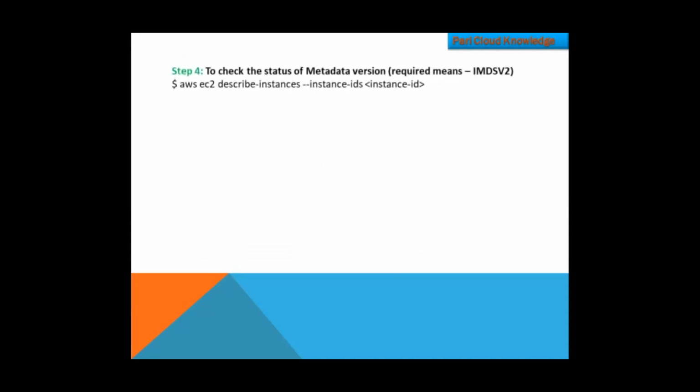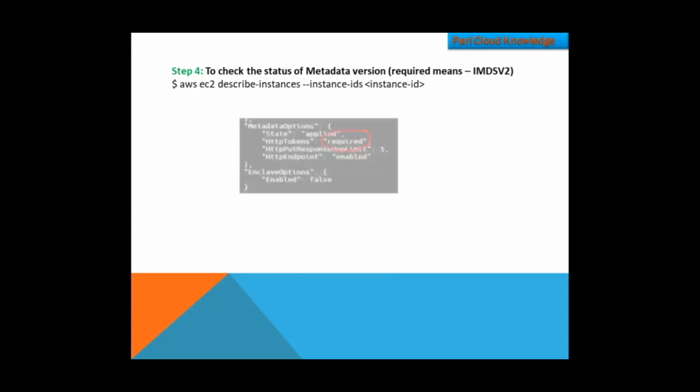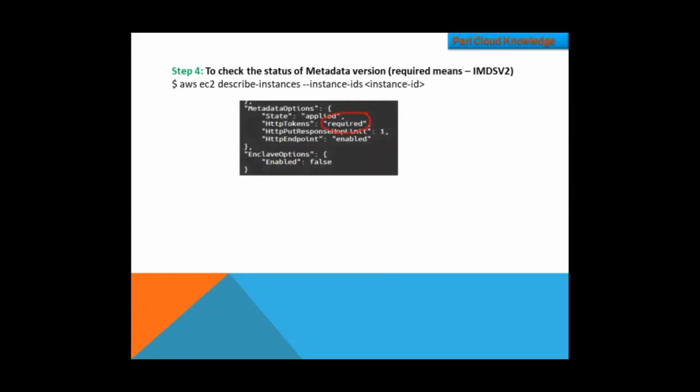After executing step 3, you can check the status. Type the same command you executed in the first step. Now you will see required instead of optional. If it shows required, then we can say the metadata version is upgraded to version 2.